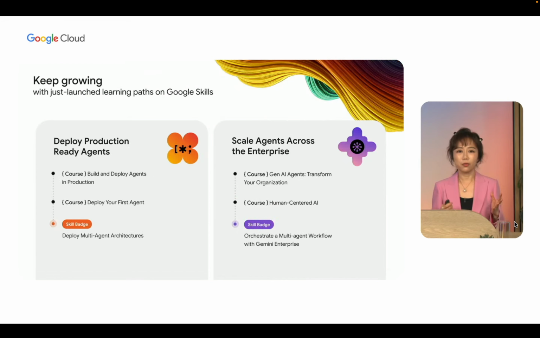And if you are really focusing on scaling up your agents, we have deploying production-ready agents into a scaled-up environment, with more advanced courses like build and deploy agents in production, or deploy your first agent on Google Cloud services. And then the last part is, of course, the transformation of organizations and human-centric AI, to really help you scale your agents not only on a cloud basis, but in the enterprise context.